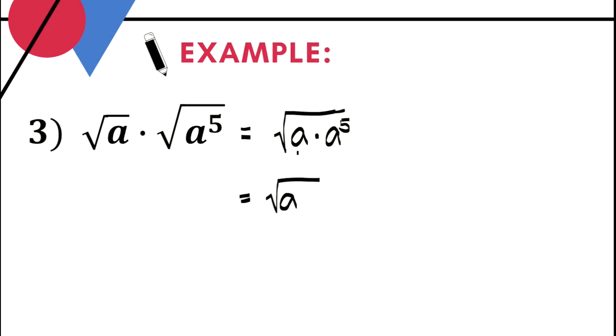If you can still remember the product rule in laws of exponents, if we are multiplying two exponential expressions with the same base, just copy the base and add the exponents. So we have square root of a raised to 6.